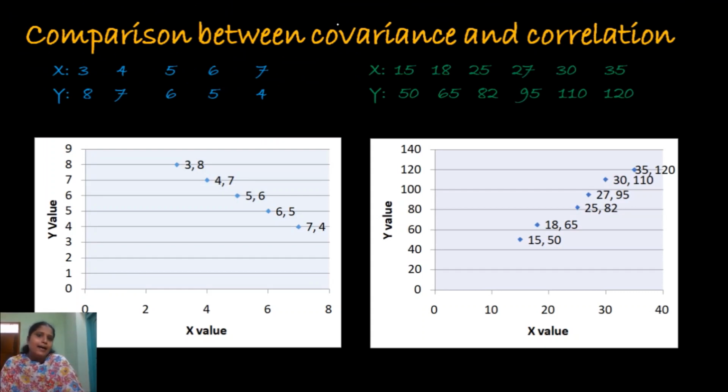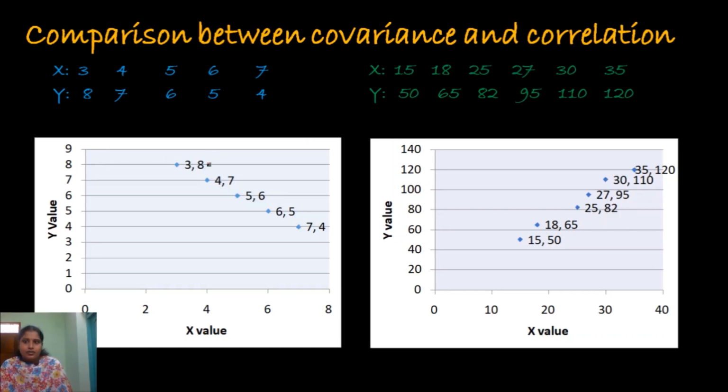Now let me compare covariance and correlation. I will take the two examples which we discussed before under covariance and correlation, and give you a graphical visualization of them, so you get some idea about the direction of the relationship and how the variables move together. We plot the points of x and y in a graph.